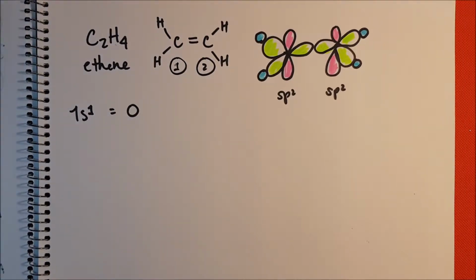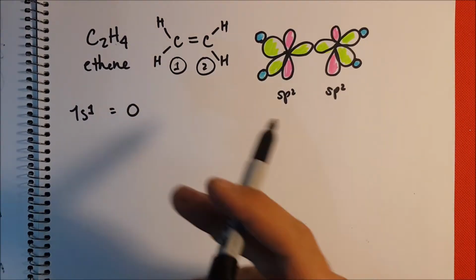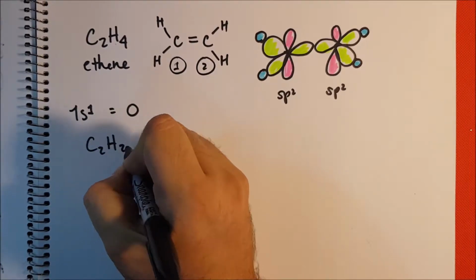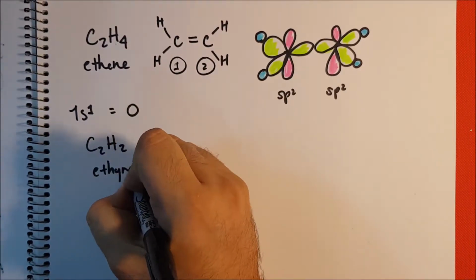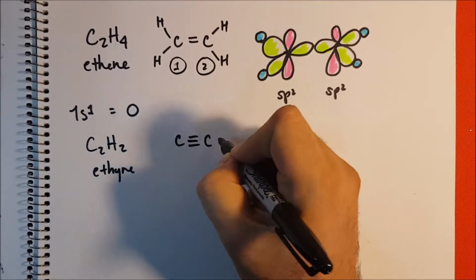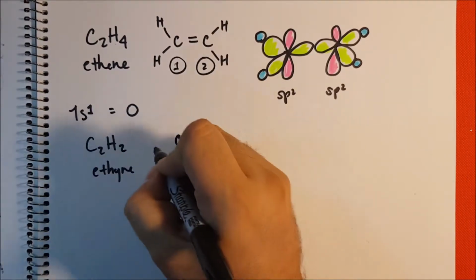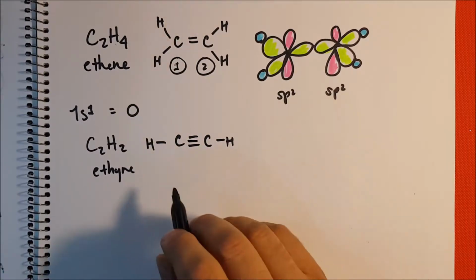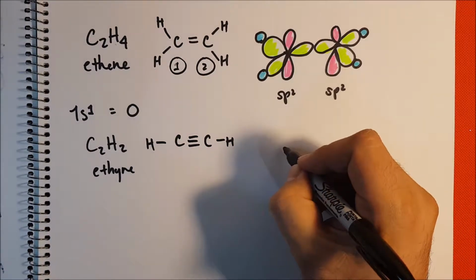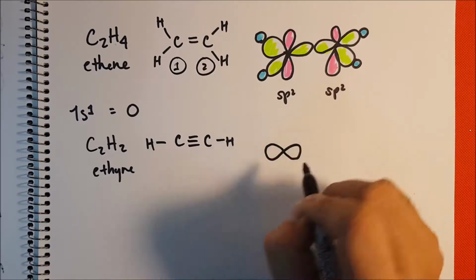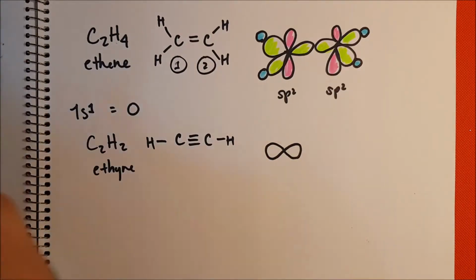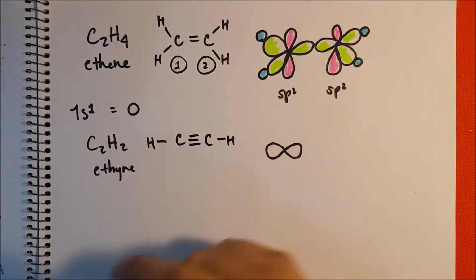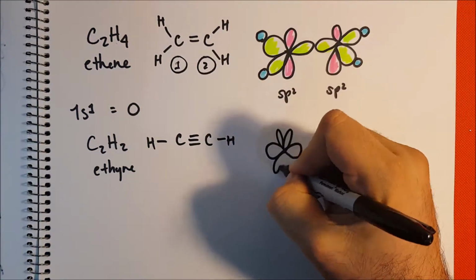Now, I'm going to draw another really quick molecule right here, which is ethyne. Ethyne is an alkyne, meaning it has a triple bond between the carbons and a single hydrogen on each side to complete carbon's 4 bonding pattern. Now, as I showed you in the last picture, I draw my 2 hybrids kind of like an infinity sign, straight across from each other. And then my rabbit ears.